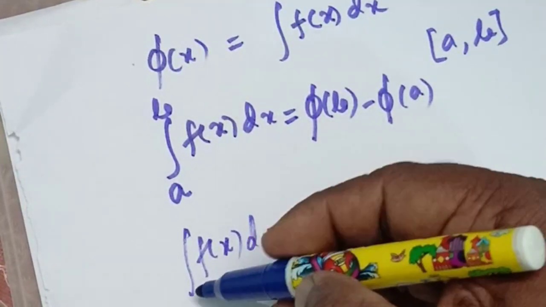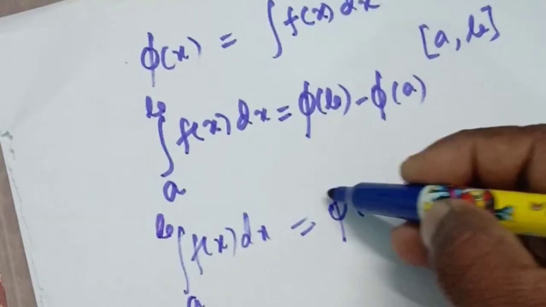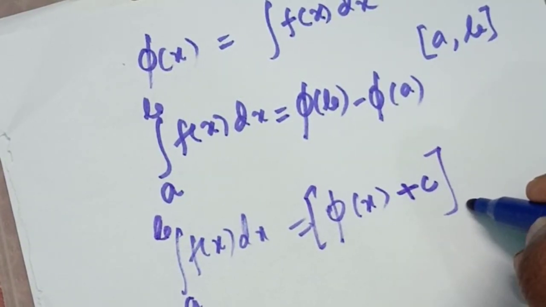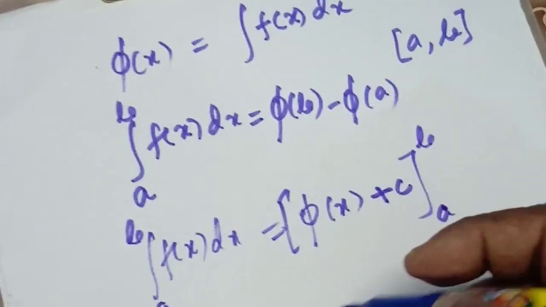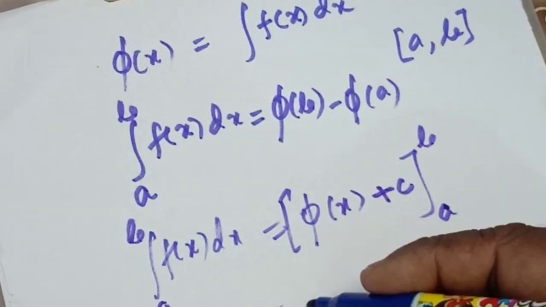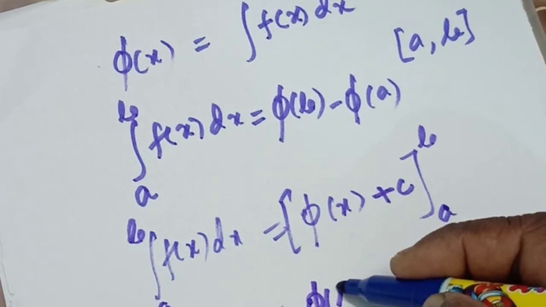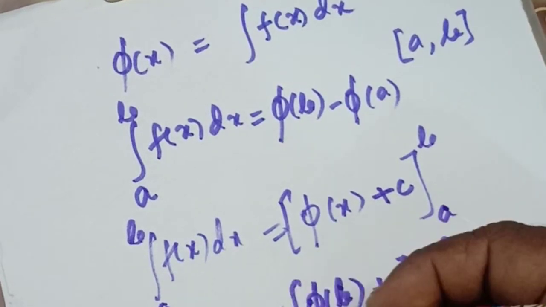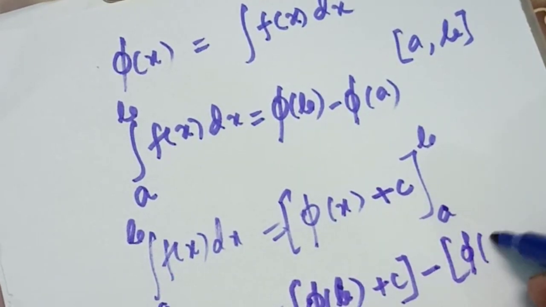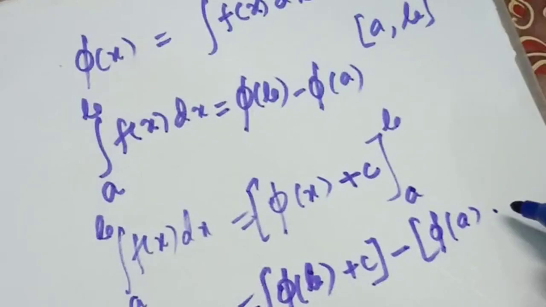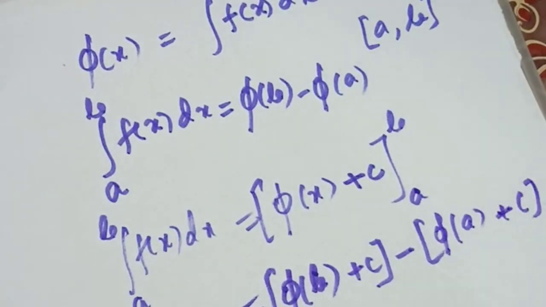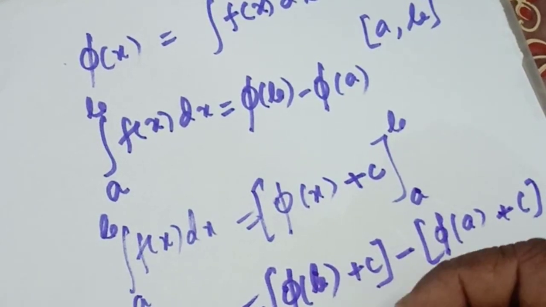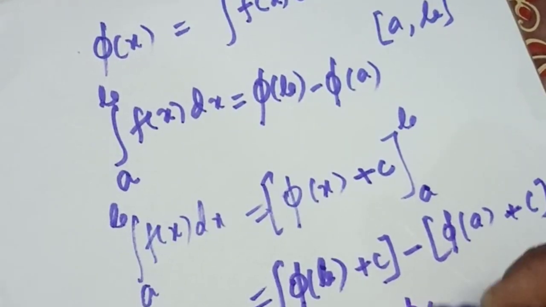Then if I add a and b as the lower and upper limits, according to the definition, it should be phi of b plus c minus phi of a plus c. So this c gets cancelled, so finally we get phi b minus phi a.